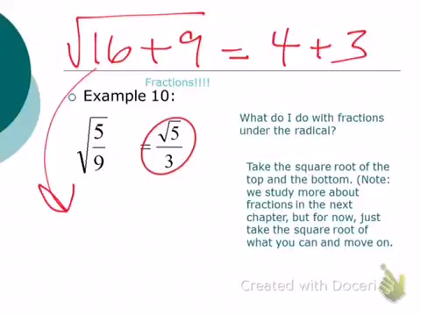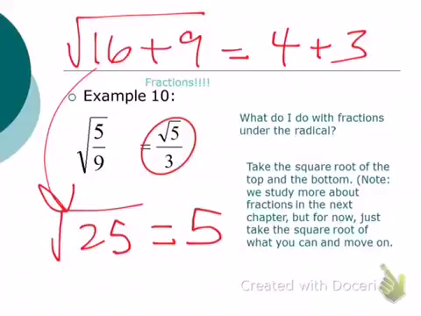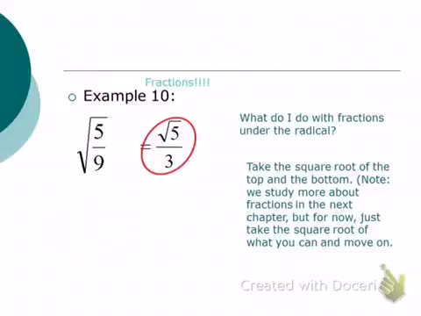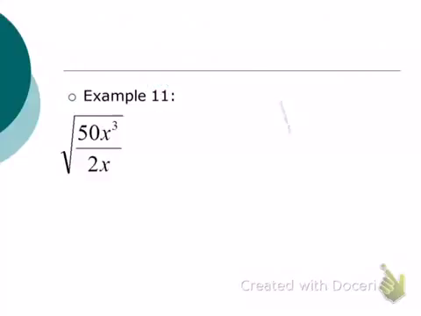But what's 16 plus 9? Isn't that 25, which tells me the square root of this thing is 5. So it falls apart with sums and differences. It's good with quotients. It's good with products. All right?